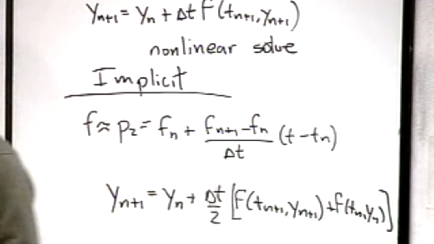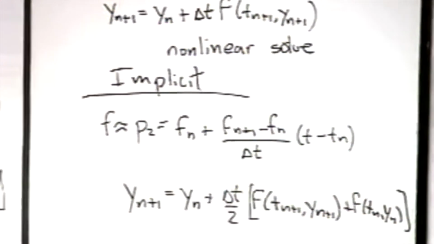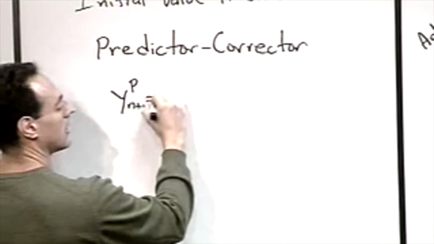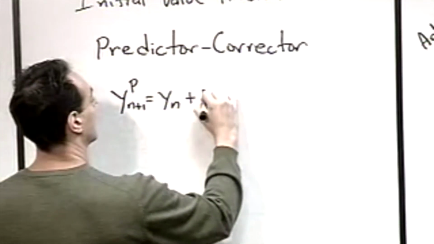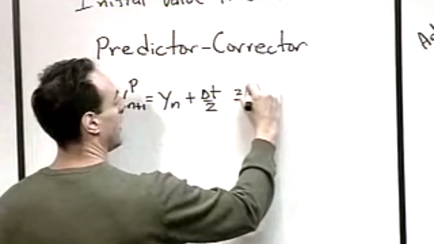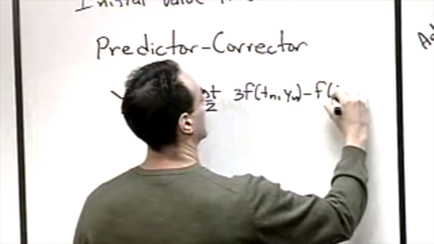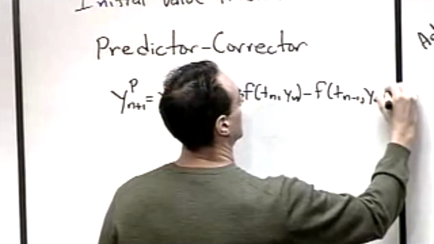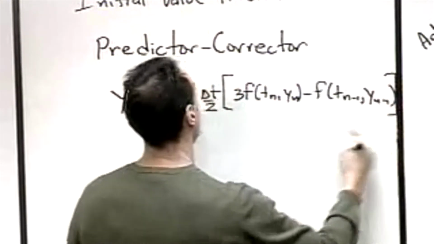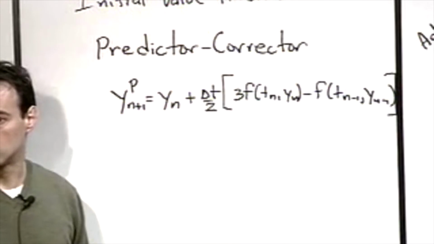In particular, I will approximate the future point with this one right there. This is my prediction for what the future is going to look like. It comes right from that Adams-Bashforth scheme. I'm predicting that's what the future is.